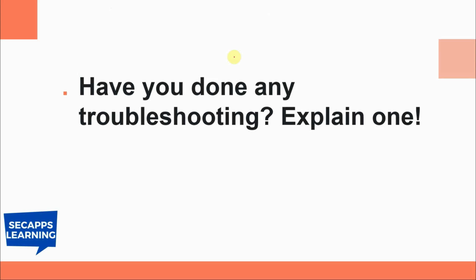Have you done any troubleshooting, guys? So try to explain one or two errors. You can explain an error related to CPM. You can take any one error. Let's say CPM was not able to change the password of an account and we did the troubleshooting. We checked the logs, but we didn't check the port, because earlier it was working fine, but after some days it didn't work, so we thought it couldn't be a port issue.